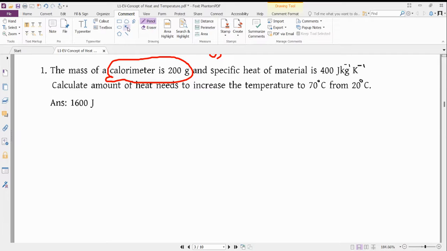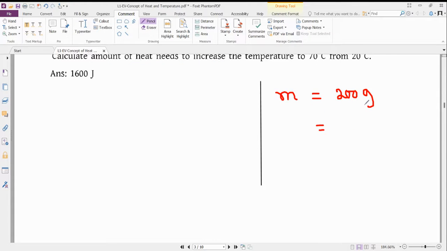The information given here is that the mass of the calorimeter, that means m equals 200 gram. We need to convert gram to kilogram. 200 divided by 1000, that means 0.2 kg.